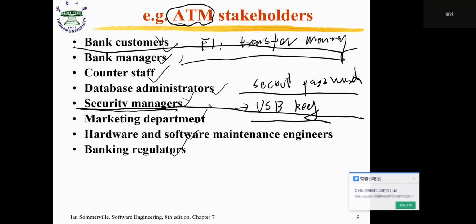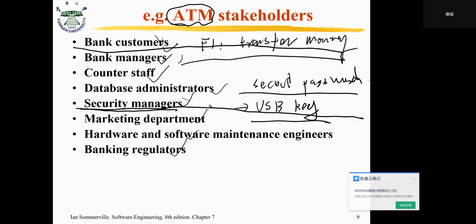So you need to negotiate with the security manager and the bank customer, then you will get a balanced way. This balanced way is the result of the negotiation.